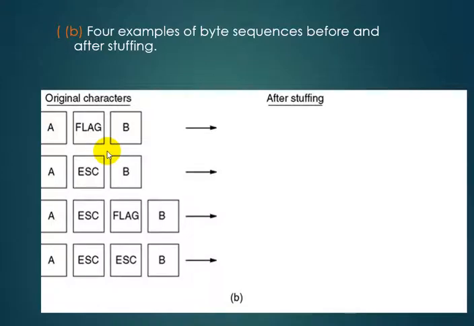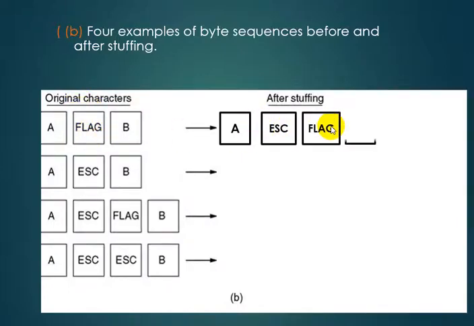Now I am going to stuff the flag. So here, including A, flag is there. A flag byte should be followed with an escape character. So A, escape, flag and B. And here escape is there, so again include another escape character.